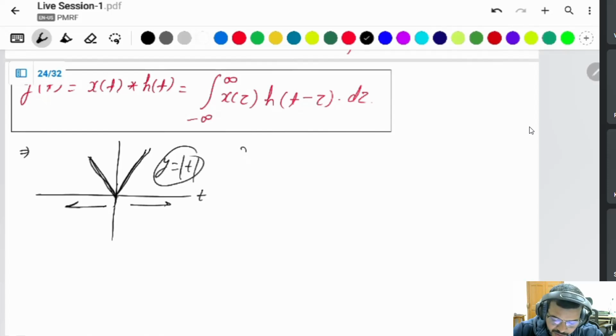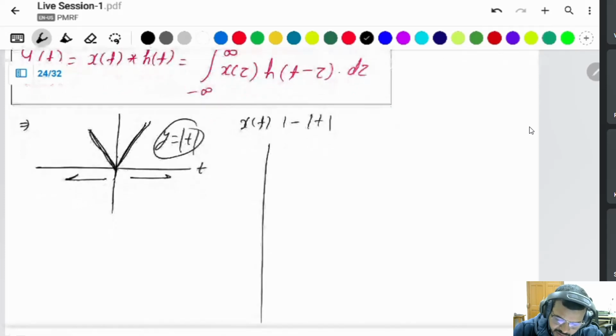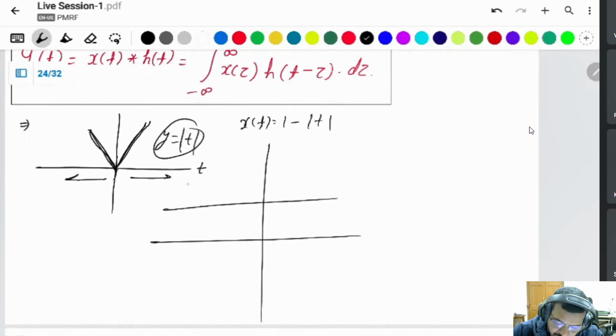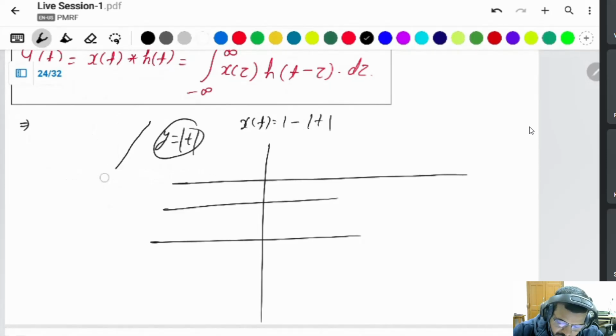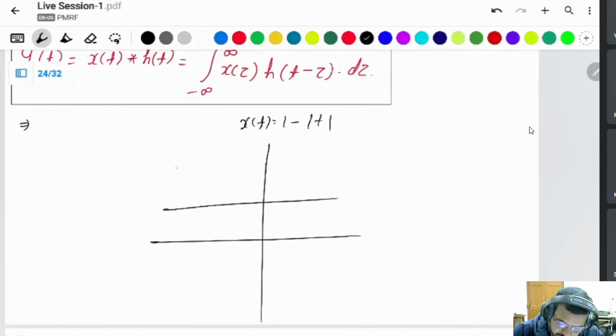But the signal is x(t) equal to 1 minus mod t. First of all, find x(t). What is x(t)? 1 means a constant 1, from minus infinity to infinity.